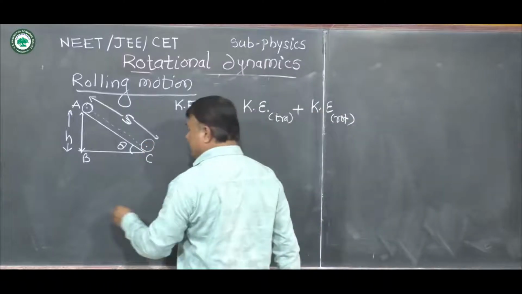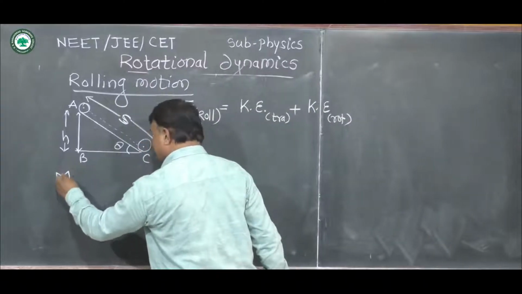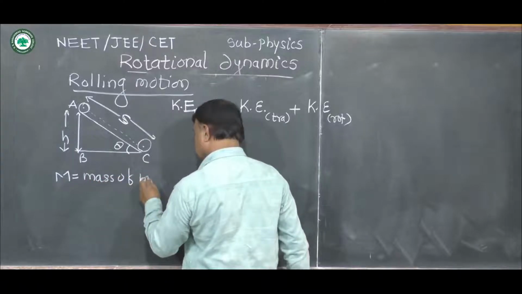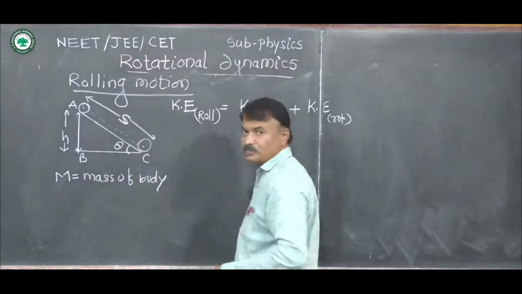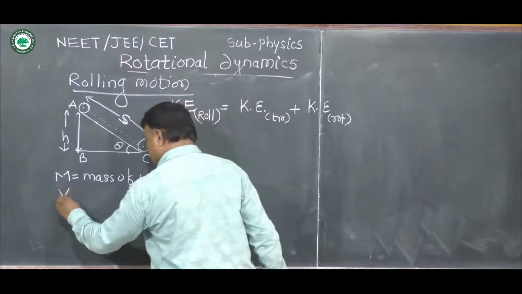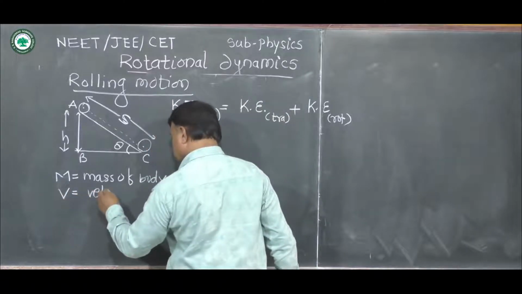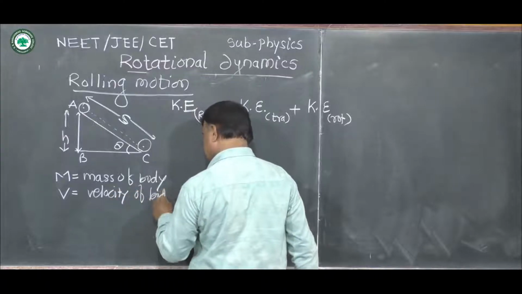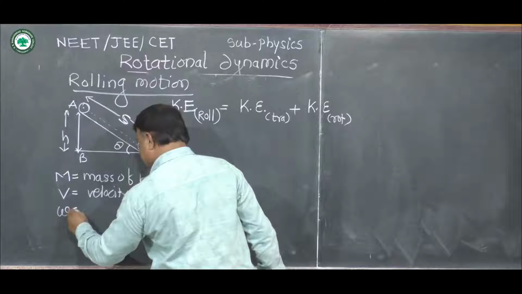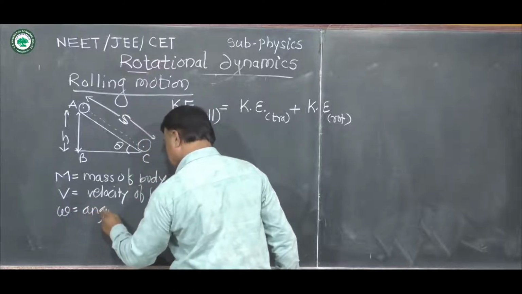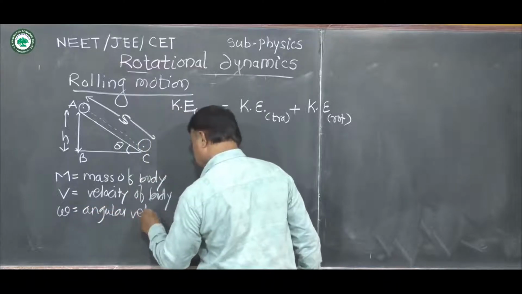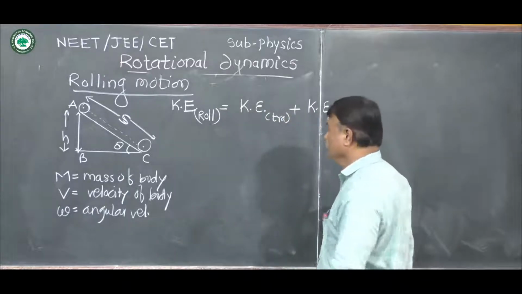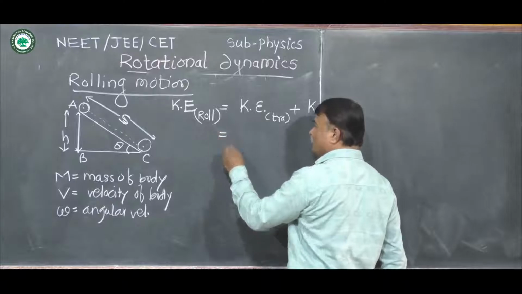Now, this body has mass capital M, V is its linear velocity, and omega is its angular velocity. Then we find the kinetic energy for rolling motion.